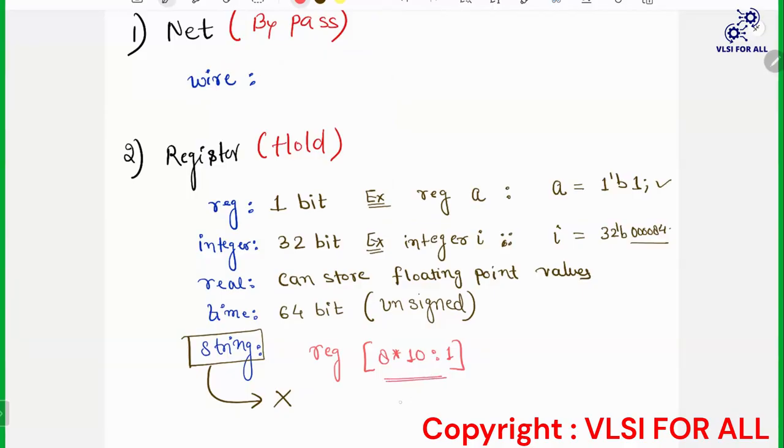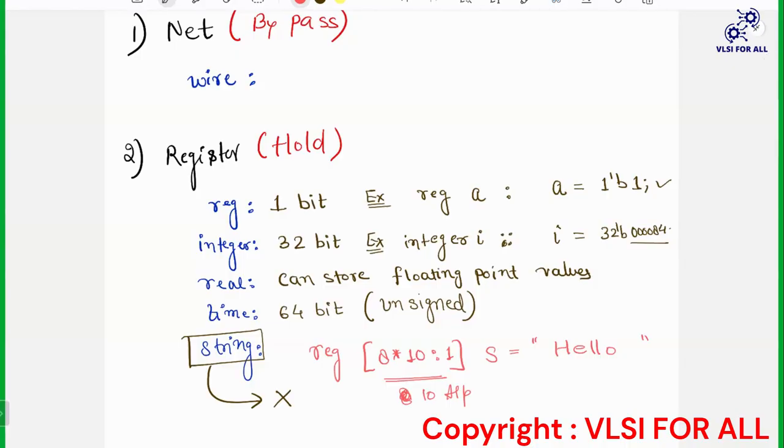It can store 10 alphabets, like if you are writing S, you can write something like hello in inverted commas.